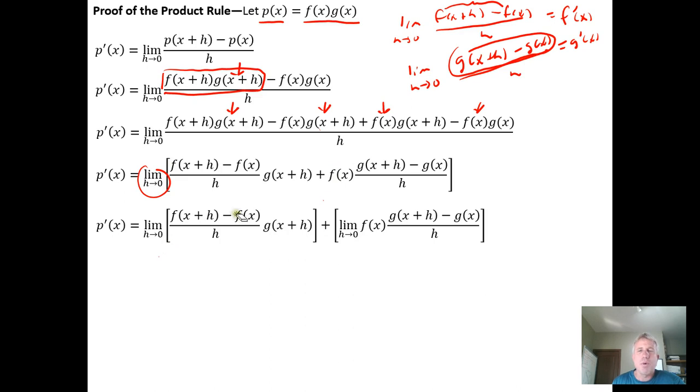So this is part of why homework 2, which was the algebraic calculation of limits, was so important, because it gives us the tools that we need to develop the formulae for derivatives.